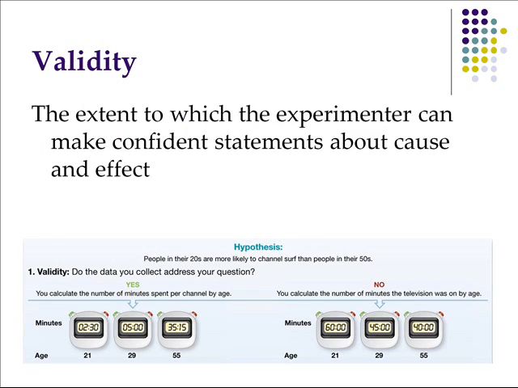Another important consideration for validity is what you are actually using to measure the dependent variable. That is, is the instrument that you're using actually measuring what you want it to? This example shows the research hypothesis again that younger adults channel surf more than older adults. The most valid measure of this would be minutes per channel.